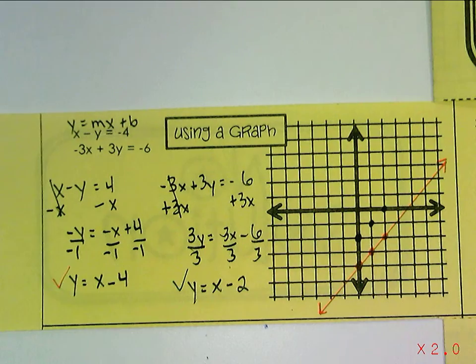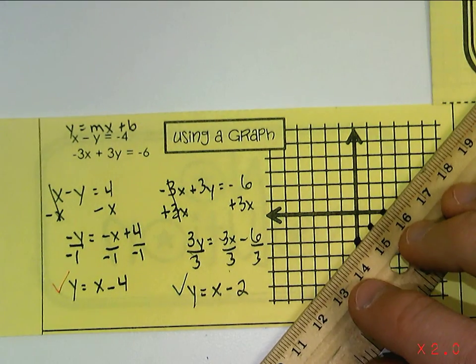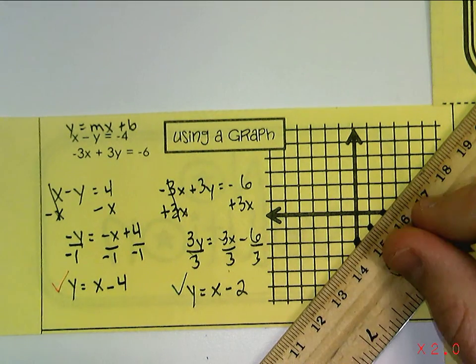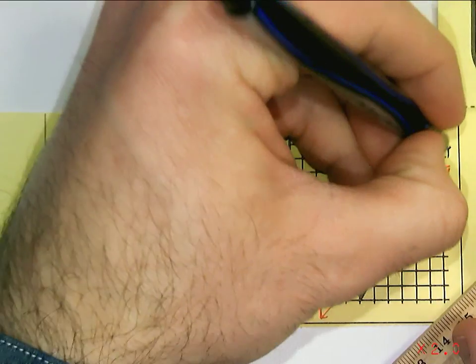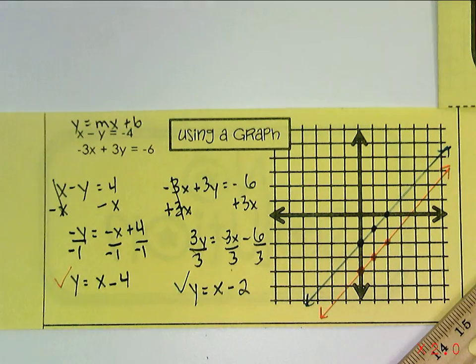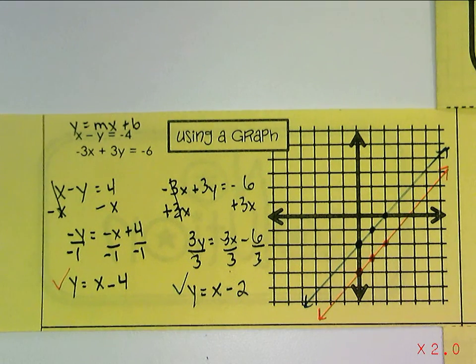And we have something interesting that happens here. We have two lines, but they do not intersect. They're parallel to each other. So this means that they have no solution.